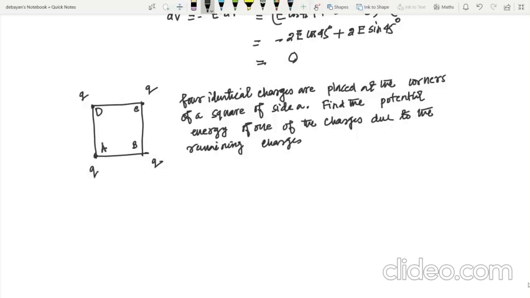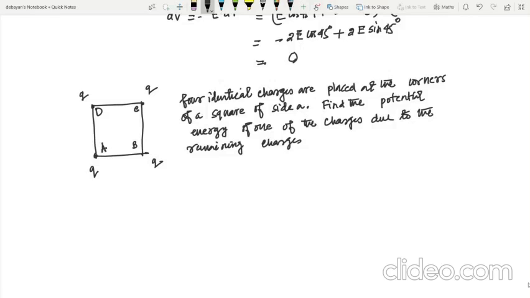That means, say we have to find the electric potential at point A due to the charges placed at points B, C and D. So we have to find the electric potential of point A due to the charges placed at B, C, D. That means what will happen?